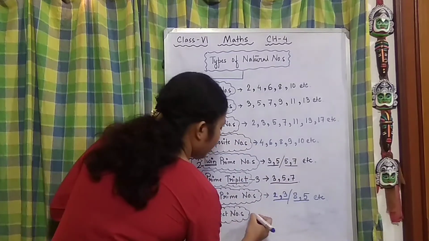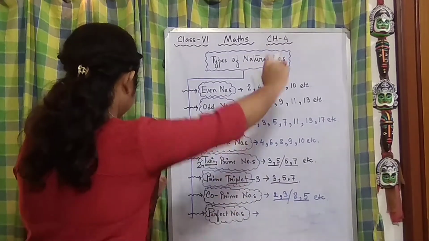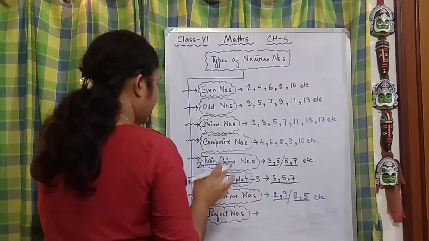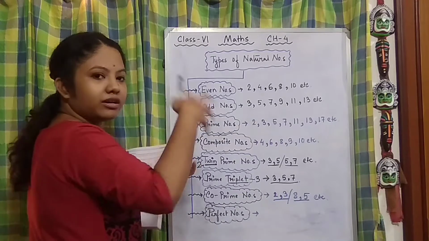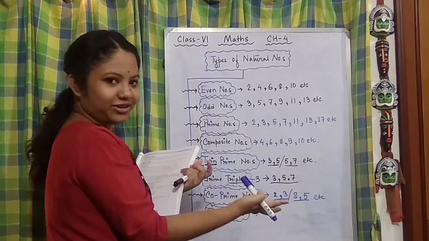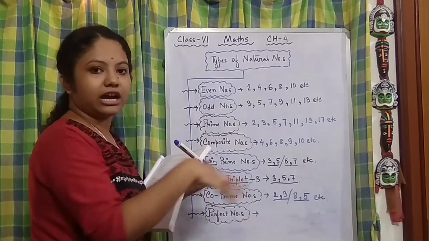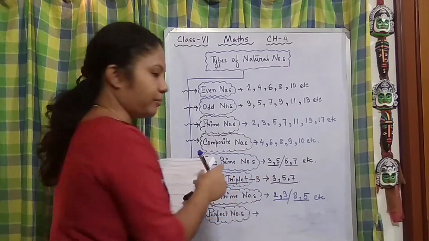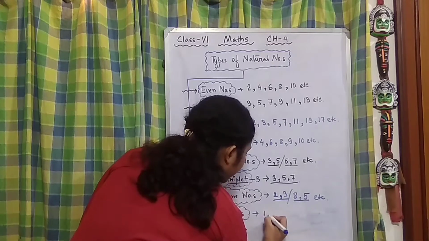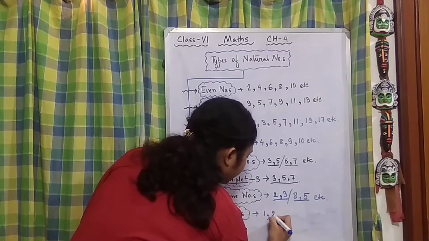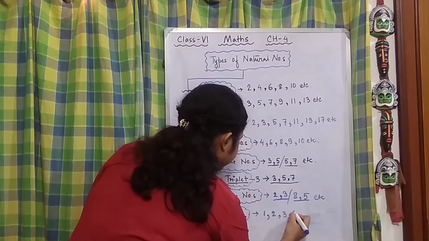Alright, now the last type we are going to learn today is the perfect number. This concept of perfect number is a bit complicated and interesting, so let's explain it with an example. Let's take the numbers 1, 2, 3 and 6.